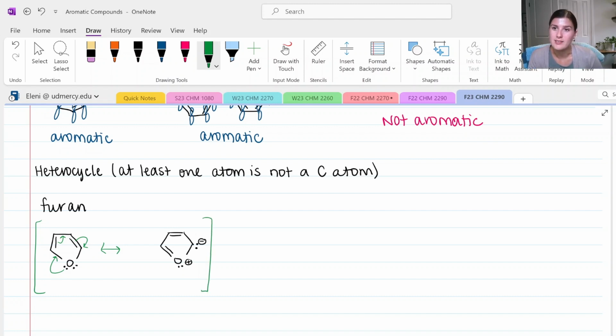And so now I'll ask, what is the hybridization of oxygen in this second resonance structure? In this resonance structure, it has 3 electron-dense areas. That means this is an sp2 oxygen. We have an sp2 oxygen and sp2 carbons.